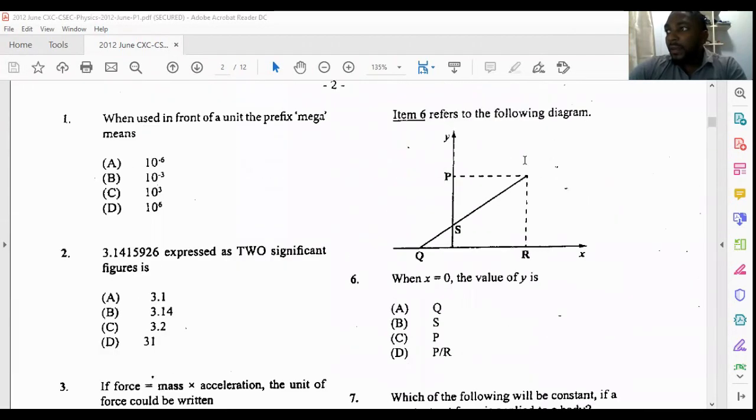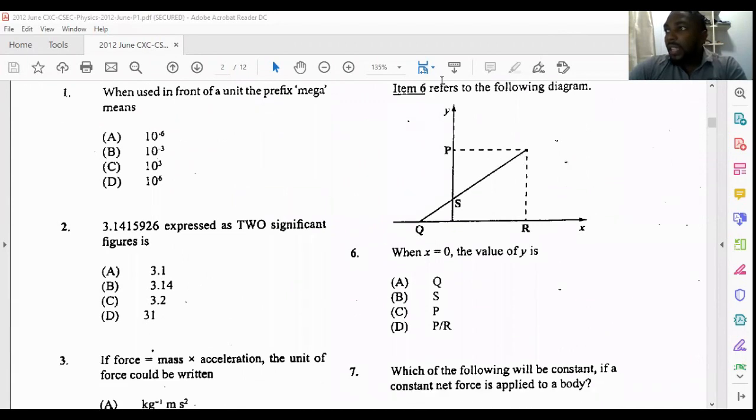All right, number 6. It says item 6 refers to the following diagram. So we have a graph here, with a vertical axis Y and a horizontal axis X. It says, when X is equal to 0, the value of Y is what? This is a case where you have to understand how to read graphs.